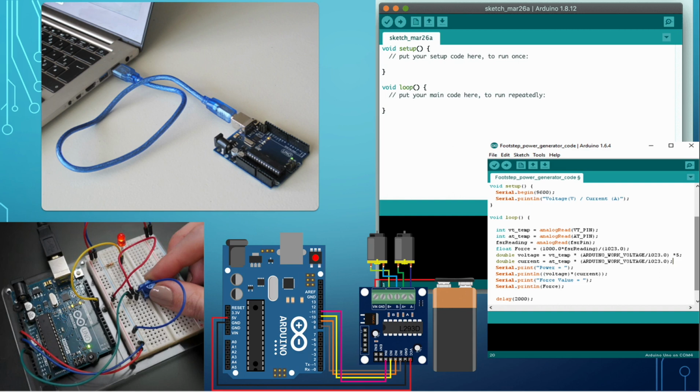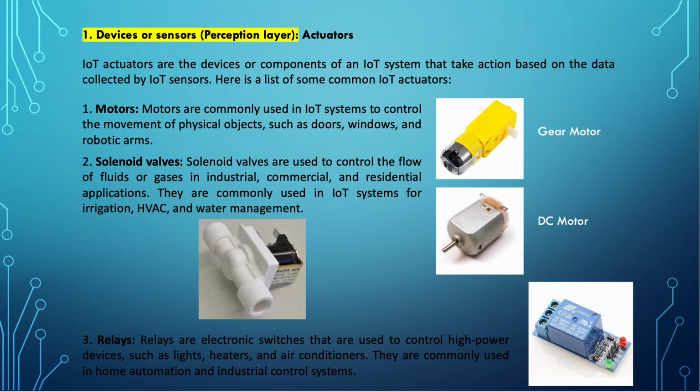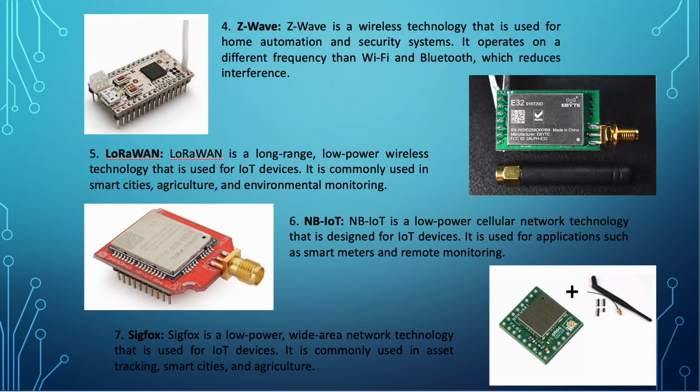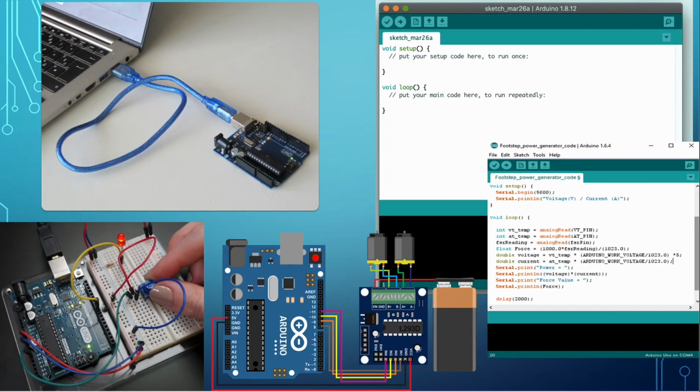Right now, as we learned earlier, we learned about sensors, we learned about actuators, we learned about networking. Now we are learning about embedded systems, and we are just taking an introduction to it.